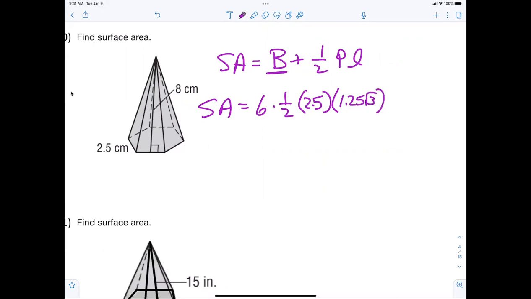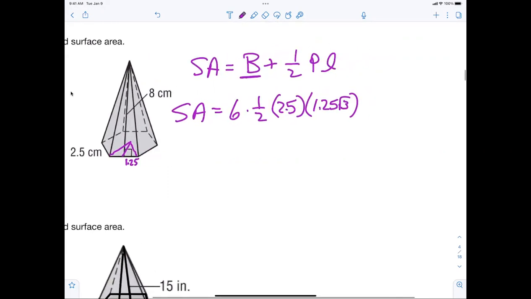We've done that 100 times. Anybody have any questions with why it's 1.25 radical 3? If you want, you could just draw yourself that triangle in there and understand that that's 1.25 and the height then would be 1.25 radical 3.